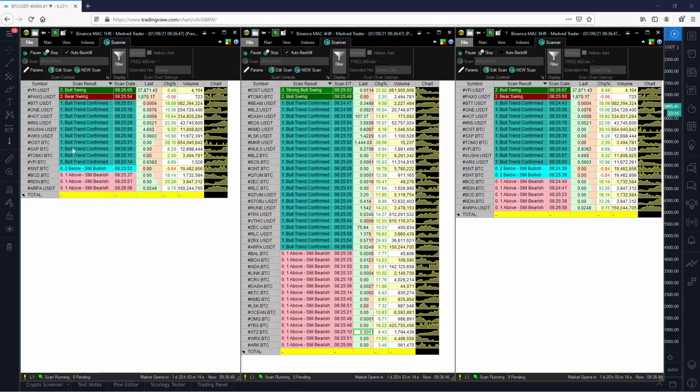So if I take a signal from the 1 hour time frame scan, I'm only going to want to be looking at the 1 hour chart for YFI. If I'm looking at a 4 hour scan, I only want to be looking at the 4 hour chart of Tomo versus BTC.